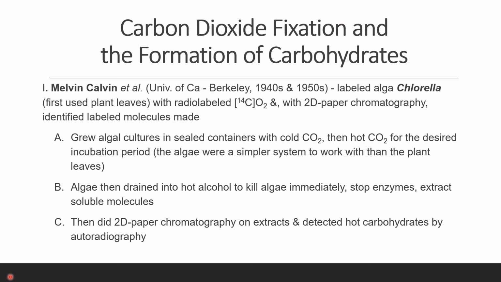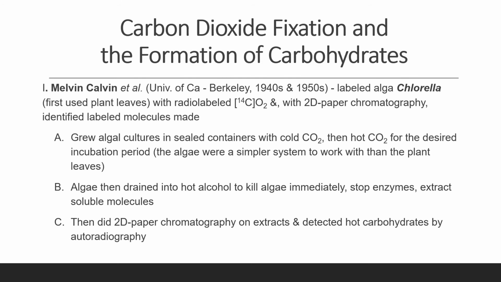Armed with newly available long-lived radioactive isotopes of carbon, or 14C, and a new technique they called two-dimensional paper chromatography, they began the task by identifying all the labeled molecules produced when cells took up the radio-labeled isotope 14CO2.